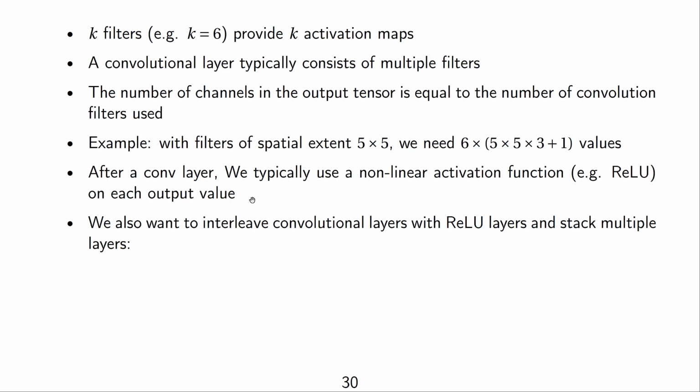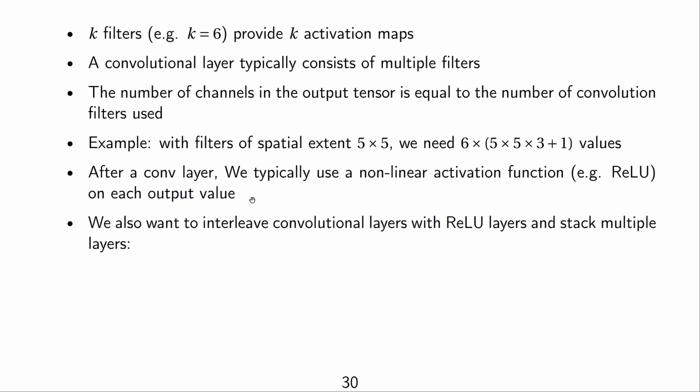The reason is that just stacking convolutional layers on top of each other gives, conceptually, something that can be combined together into another convolutional layer. So doing lots of convolutional layers in sequence is the same as doing a different type of convolution.